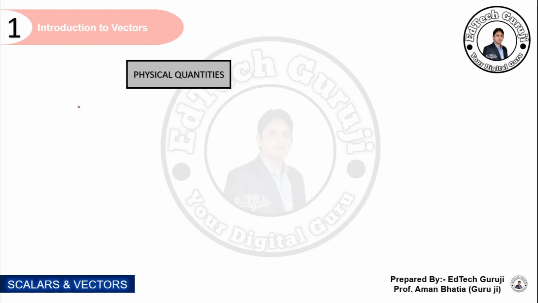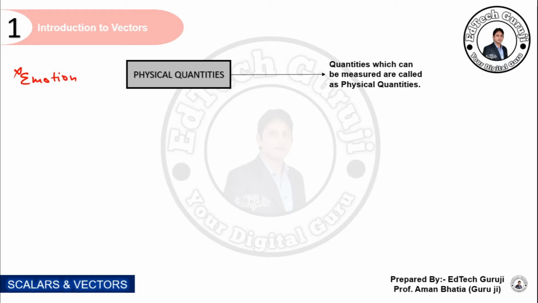Like for example, if I say emotion, any kind of emotion cannot be measured. It is abstract. So I cannot say that emotion is a physical quantity. So what are physical quantities, students? Physical quantities are those quantities which can be measured. So the most important term here which we need to understand, that what makes them physical quantity is that they can be measured.